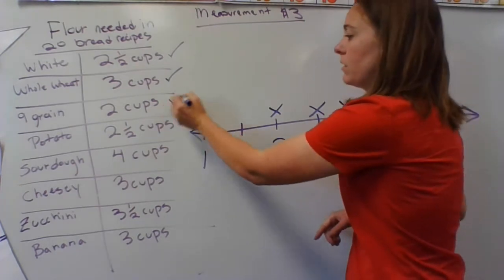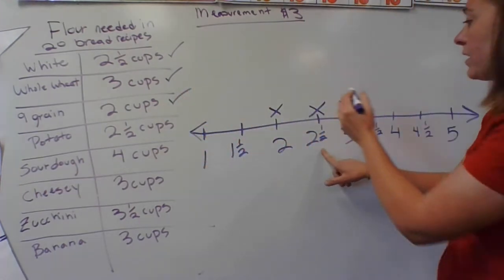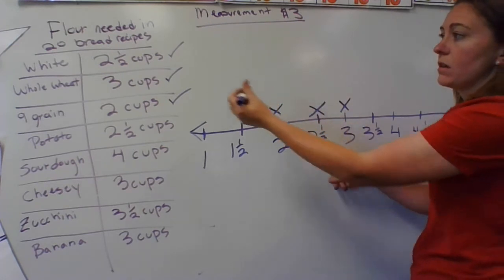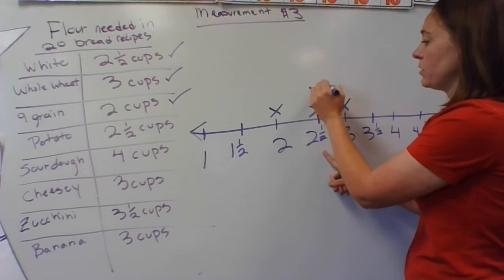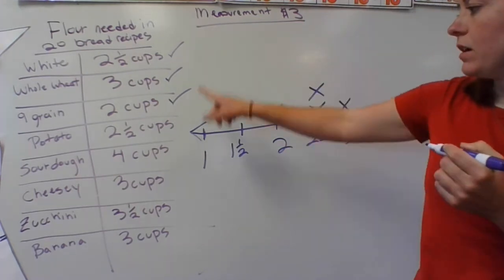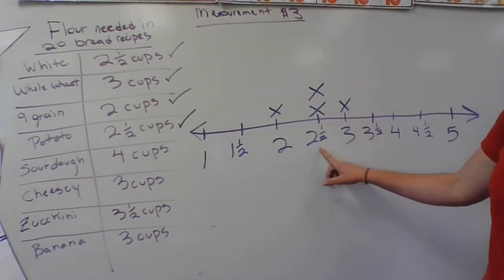Check that off. Potato bread uses 2.5 cups. We'll put another X here. Now I've already got one because the white bread uses 2.5 cups. So I'm going to put a second X now to represent that I have 2 recipes, white bread and potato bread using 2.5 cups of flour.